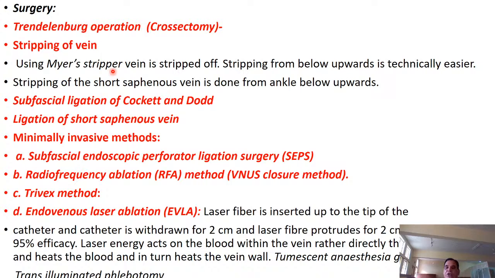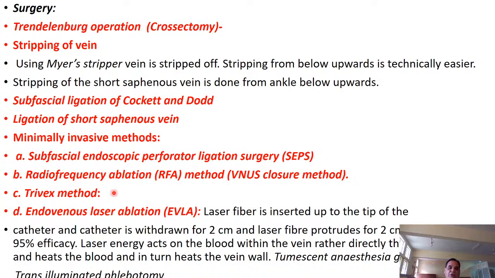What are you doing? Stripping the vein from below upwards. And we rarely go for stripping of the short saphenous, but it is done from the ankle upwards. Okay, these are the two strippings. Other options are superficial ligation, ligation of SSV, and minimally invasive ones are many like SEPS, RFA, and EVLA.